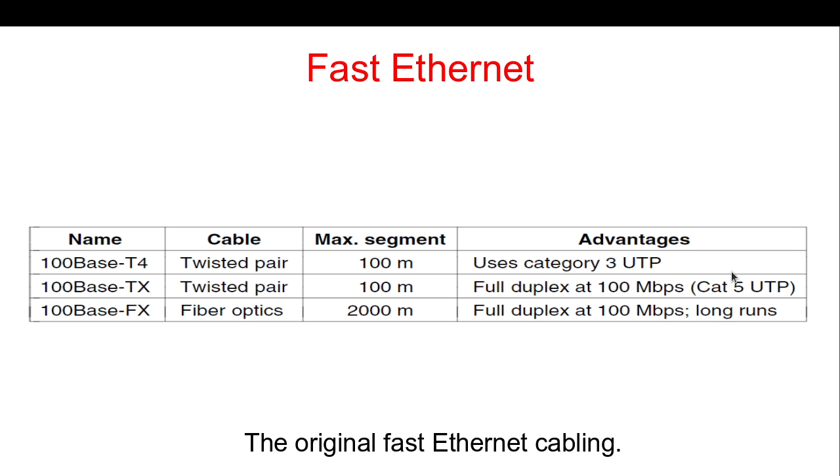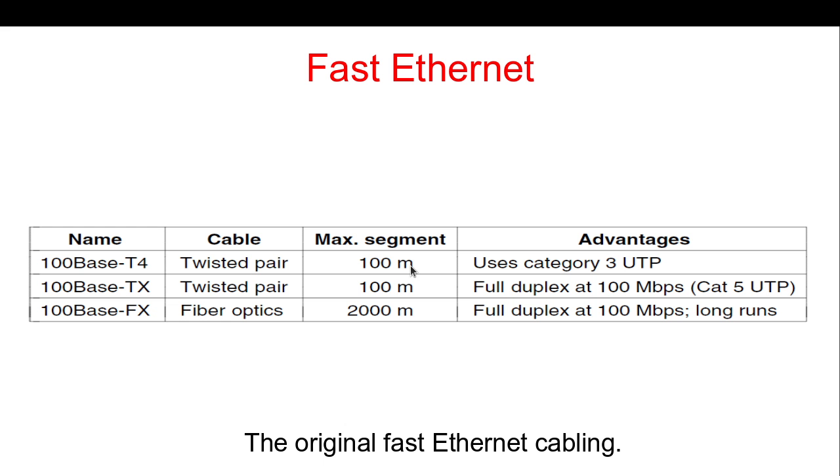Now, depending on the cabling technology, as the applications evolved, the bandwidth requirement was more and more, so fast speed was required, and that was available with the changes in the cabling technology. As can be seen here, we are seeing three such technologies. One is 100 base T4, which is using twisted pair of category 3, unshielded twisted pair.